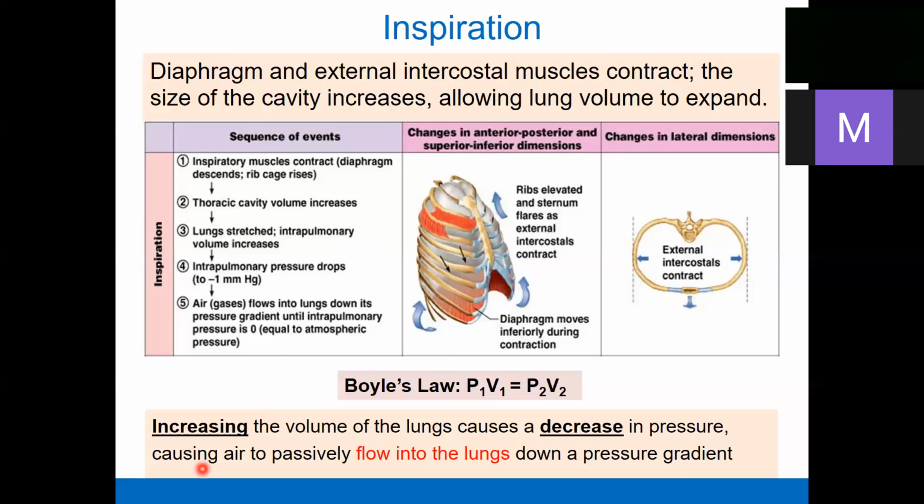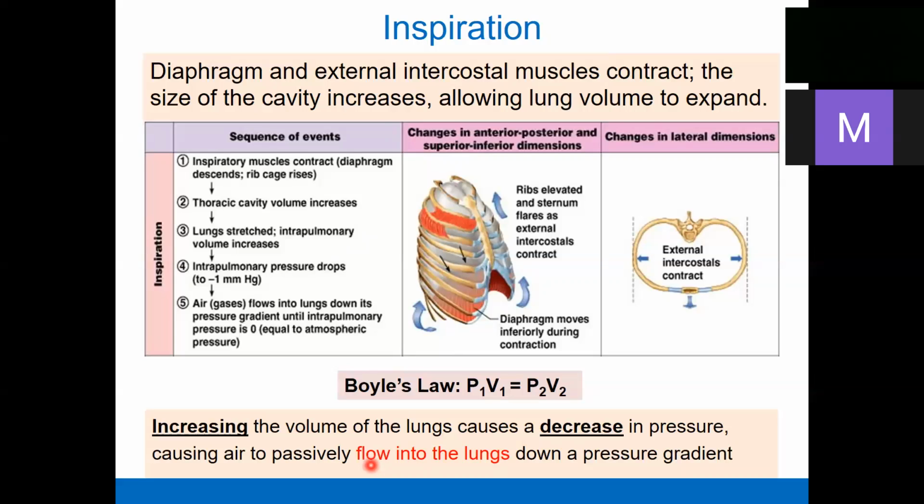Okay, increasing the volume of the lung causes a decrease in pressure and causes air to passively flow into the lung down a pressure gradient. This whole process is about inspiration. Okay, you have to memorize or understand what happens during inspiration. Okay, these slides are really important. Also, the video I showed you before.